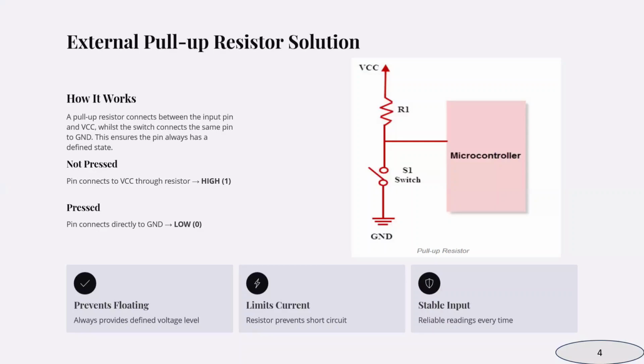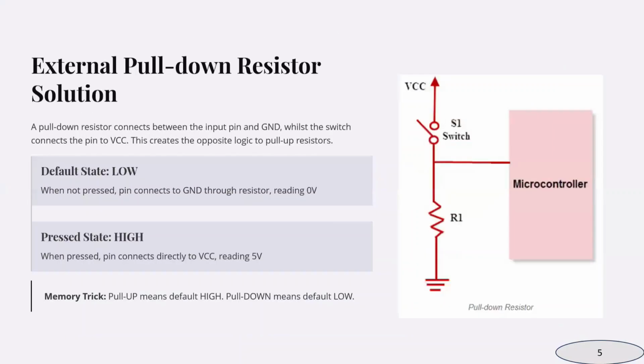Now let's check what is external pull down resistor. So this is a circuit for external pull down resistor. A pull down resistor works in the opposite way of pull up resistor. So this is the pull down resistor.